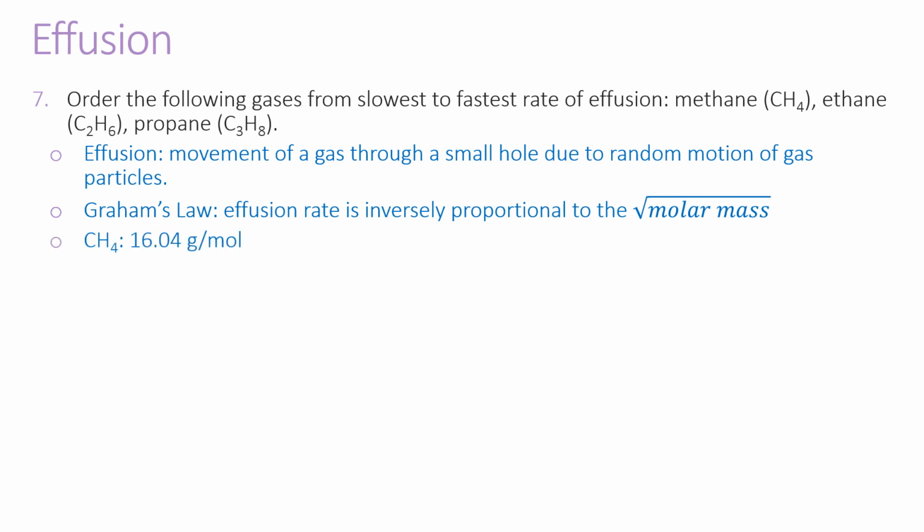So what that means is that heavier molar masses are going to be slower moving. So here I found the molar mass of each of those gases, methane, ethane, and propane. So methane is going to be the fastest and the propane is going to be the slowest, and this ranking is just based on their molar mass.